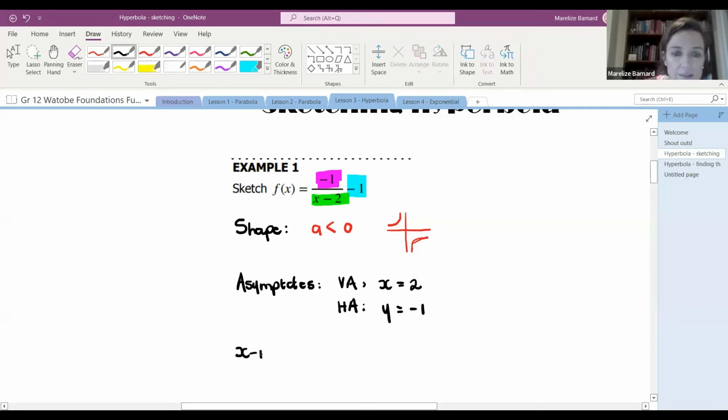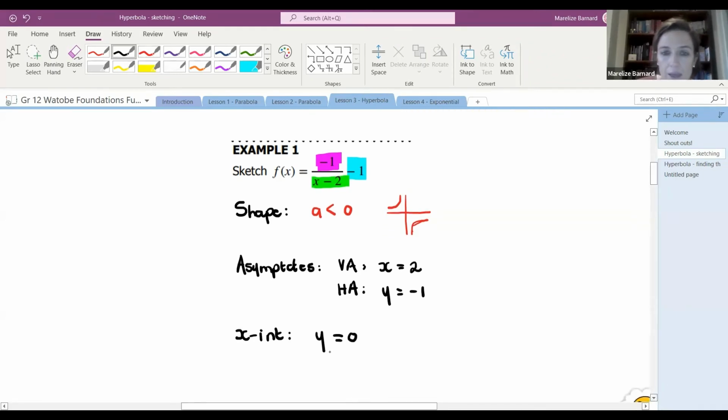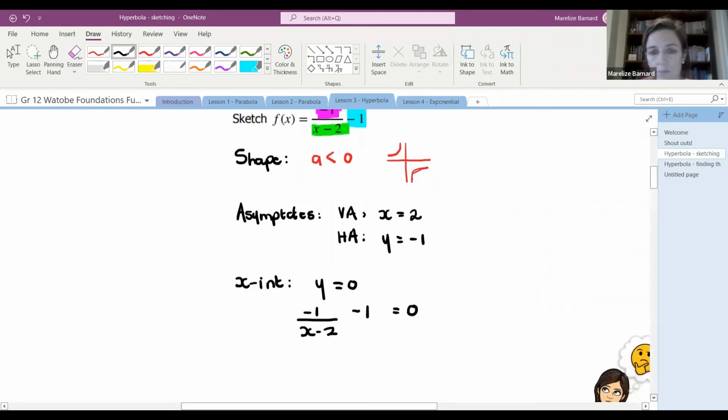Now we need x-intercepts. As always, to find x-intercepts, we make y equal to 0. To solve this equation, we take the -1 over to the other side, that's +1.